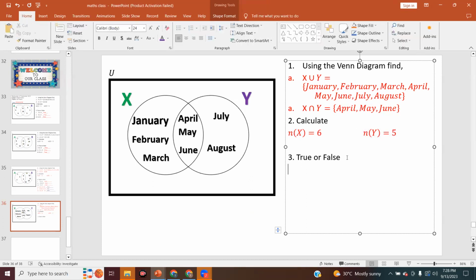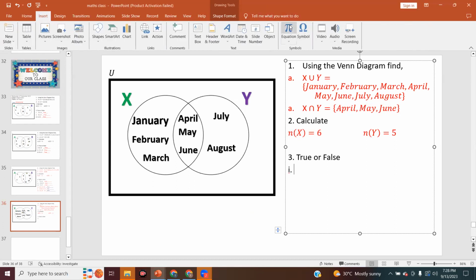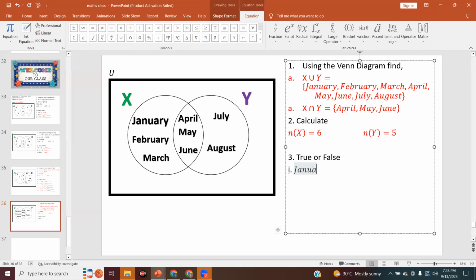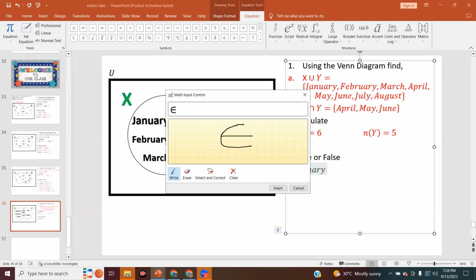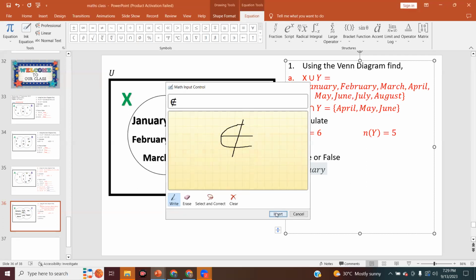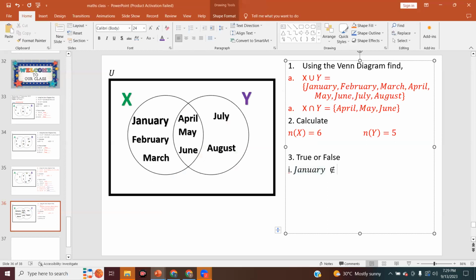Next up, we have true or false. January is not an element of A. Is that true?